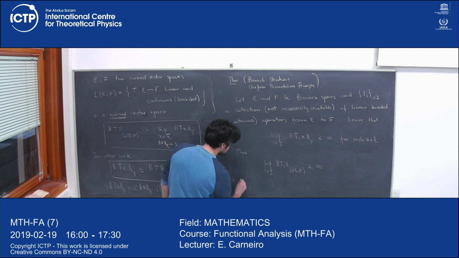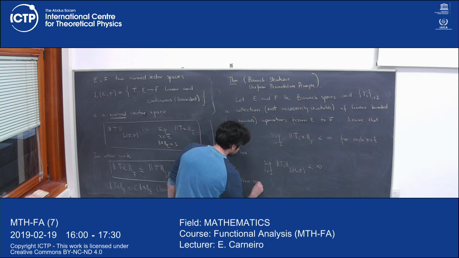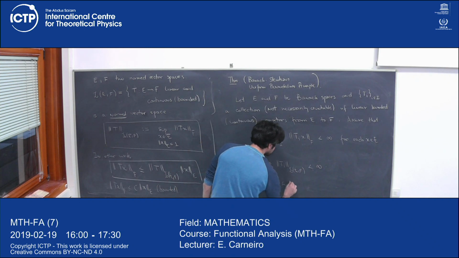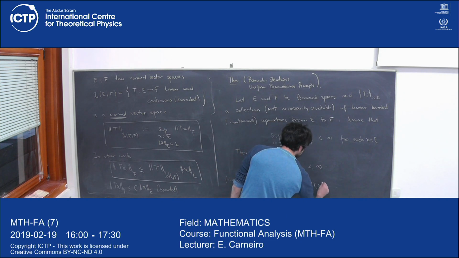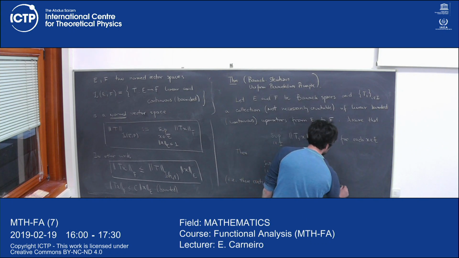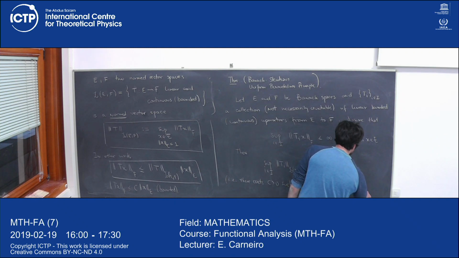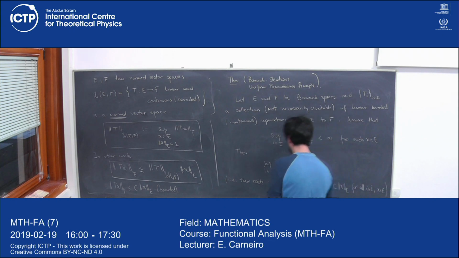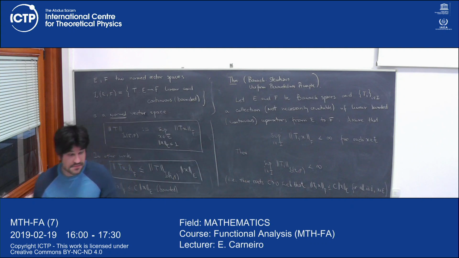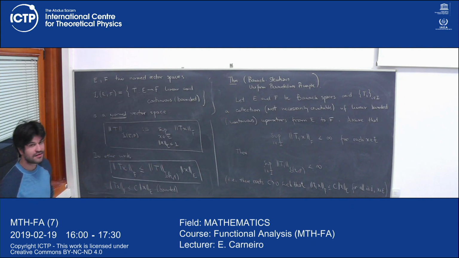That is, there exists a certain constant c bigger than 0, such that the norm of Ti of x in F is less than or equal to this constant c times the norm of x, for all i in the family and all x in E. Think a little bit about this statement.